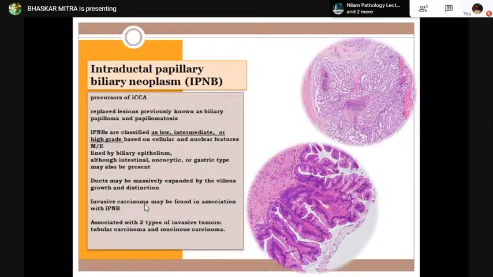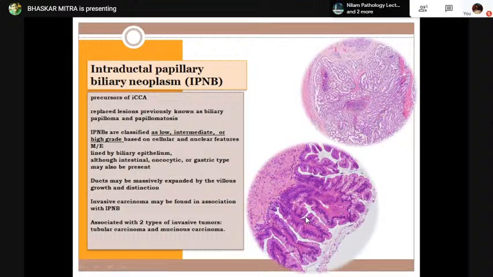You can understand why it is called so. The nuclear atypia is low, intermediate to high grade. The lining epithelium is lined by biliary cells. They may show intestinal type of metaplasia, oncocytic changes, or even gastric type of metaplasia. They show an expanded alveolar growth-like architecture.